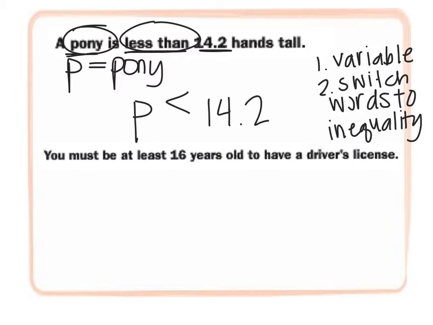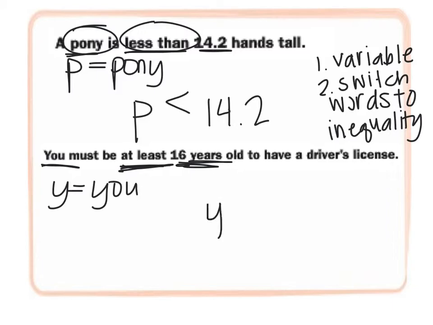Okay, the next one: you must be at least, that's important, 16 years old to have a driver's license. I know this is my symbol, this is my number, now I need to set my variable. Let's do y for you. You must be at least 16.